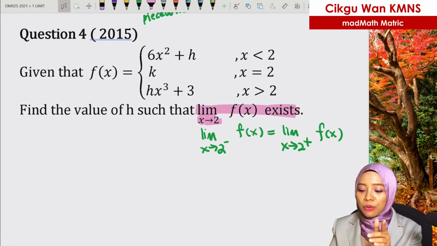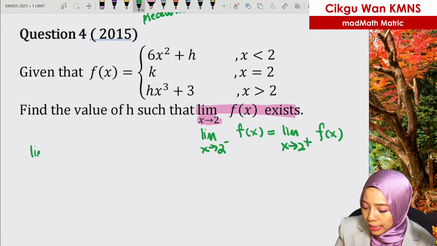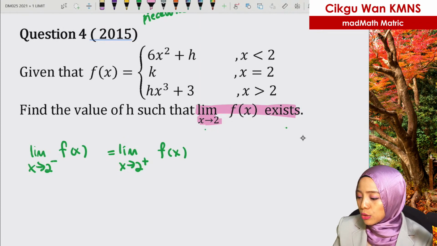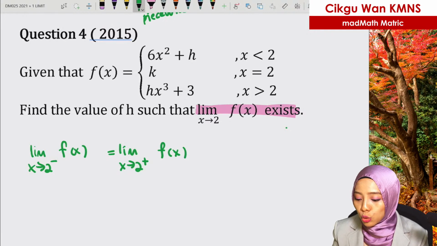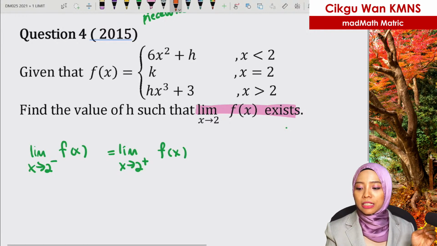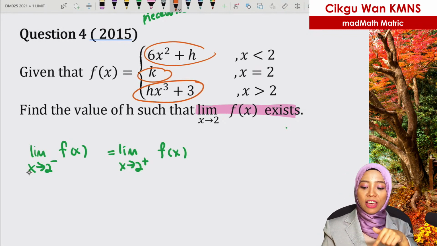So since we know that limit x approaching 2 from the left is equal to limit x approaching 2 from the right according to the statement here, now I am substituting the correct function. So 2 to the left. Ini function pertama, kedua, ketiga. Guys, mana satu? Limit f(x), x approaching 2 from the left.